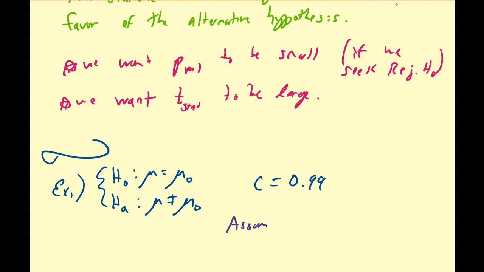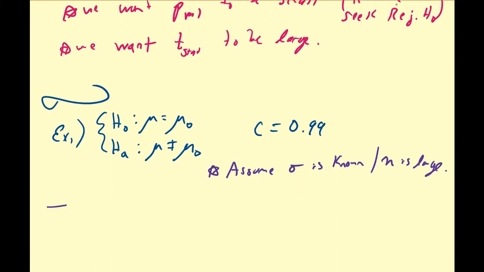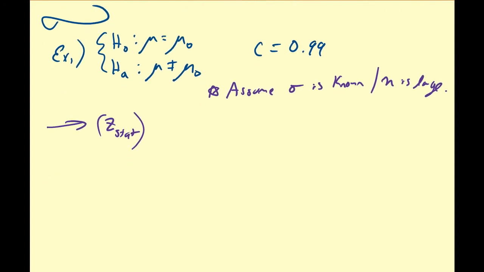Let's assume that sigma is known and n is large, just for safety. If that is the case, then we're going to use a z test statistic for a hypothesis test. That means we're going to have some associated picture similar to the following.